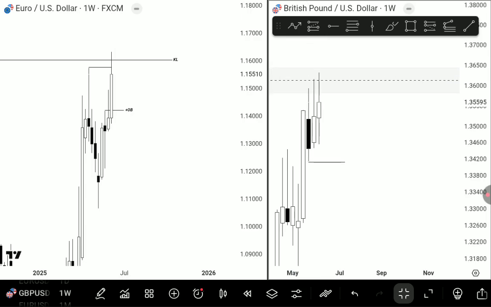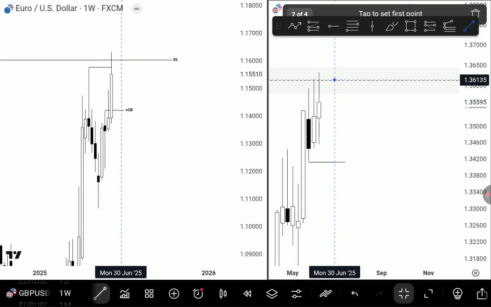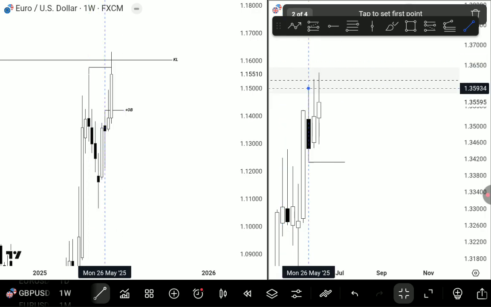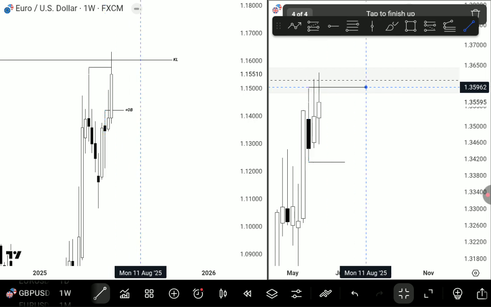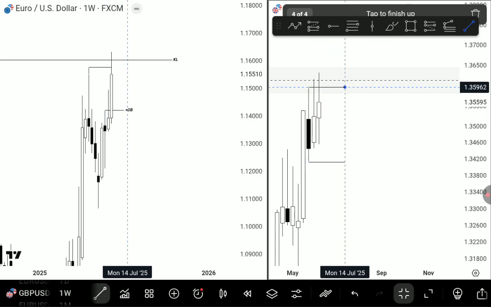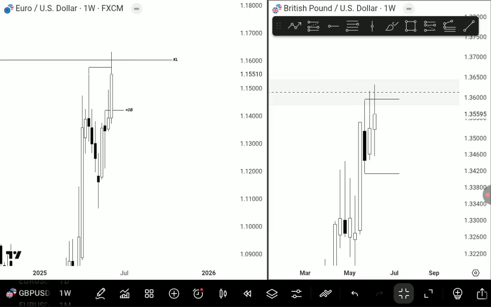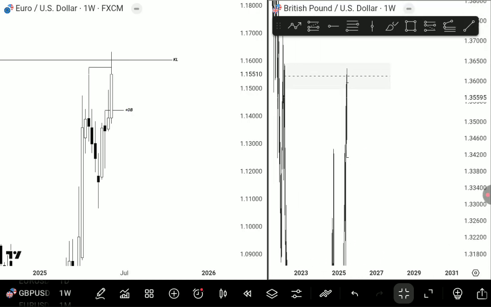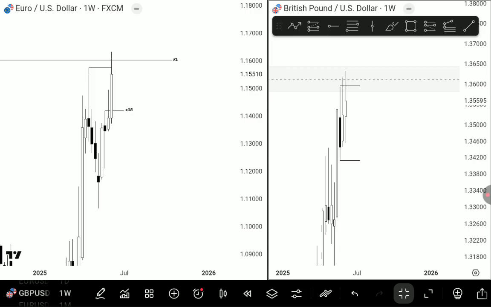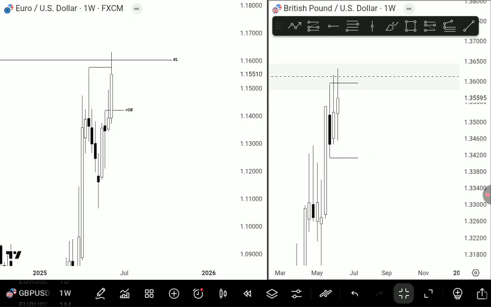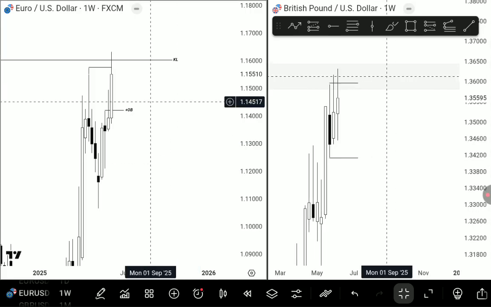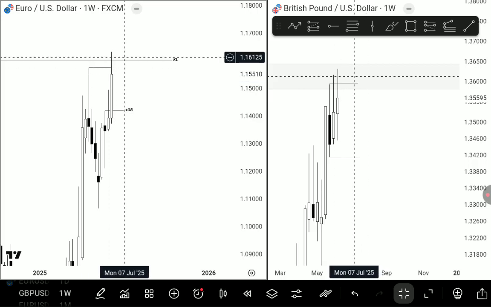It must be a 3 month or 6 month key level right there. I uploaded it a long time ago, so I'm not sure, but it's either a 3 month or 6 month time frame key level. Of course, I refined it on the weekly. It's also a key level that's correlating the exact same way with the euro.